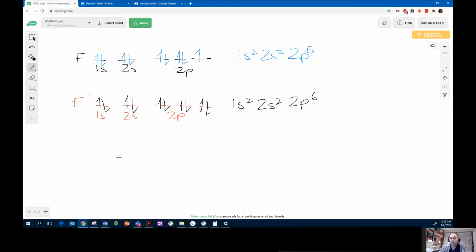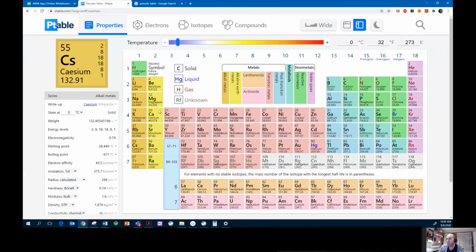If you want to explain why fluorine only forms a -1 ion, well, you say, look, there's 1 electron missing from its valence orbital, and so it has room for 1 more electron. Otherwise, the nucleus can't hold on to any more electrons, and we're going to talk more about that a little bit later in more detail. And so for anions, it's very easy.